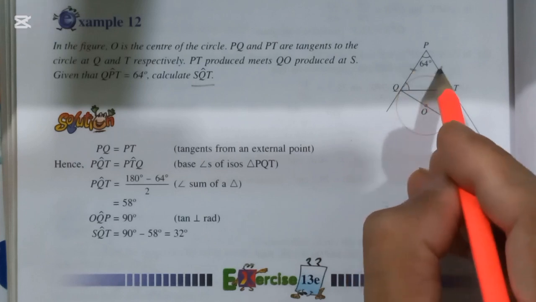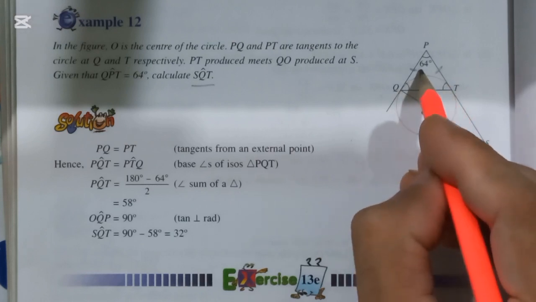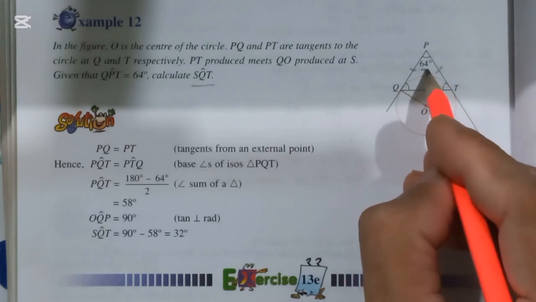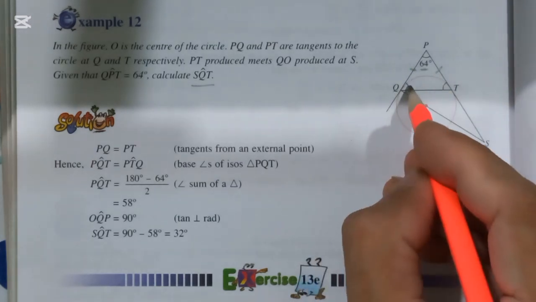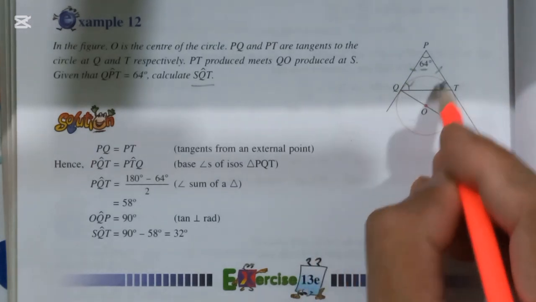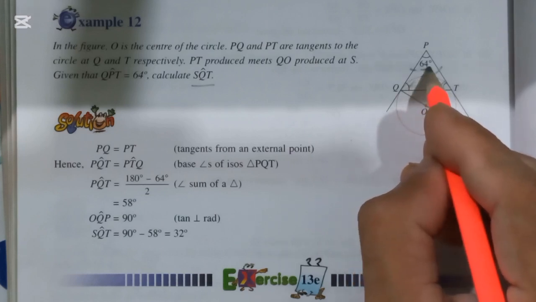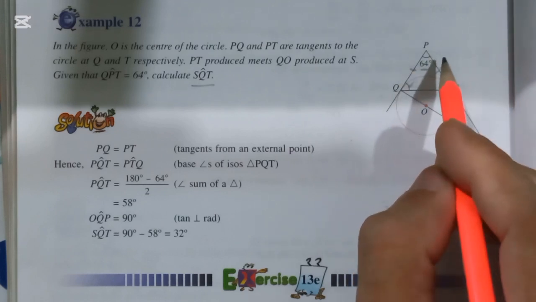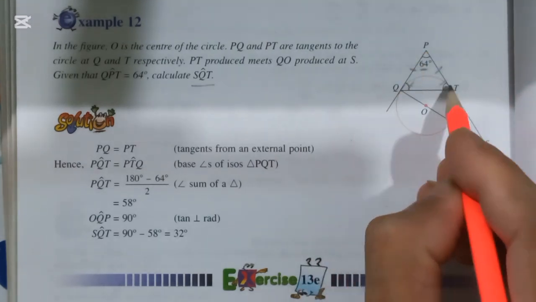If two sides of a triangle are equal, that is isosceles triangle, so their base angles are equal. So we will subtract 64 from 180 and divide the answer by 2 to get this number and this number, because two angles will be equal.